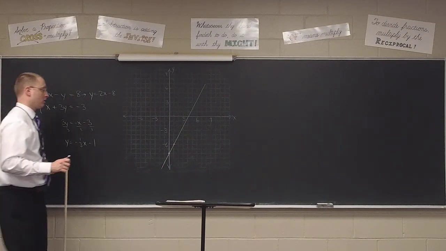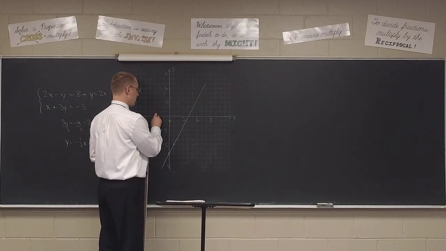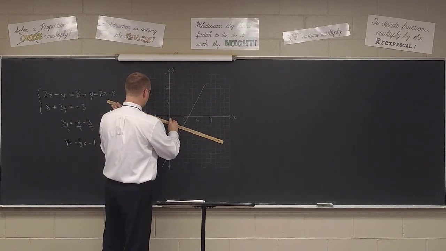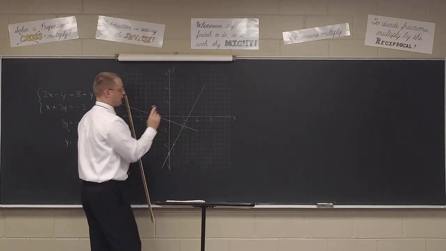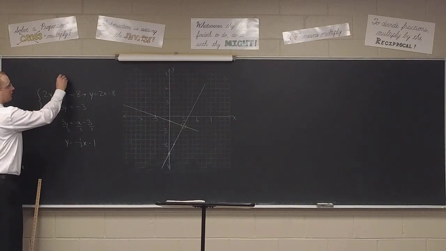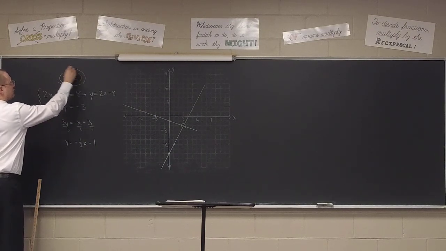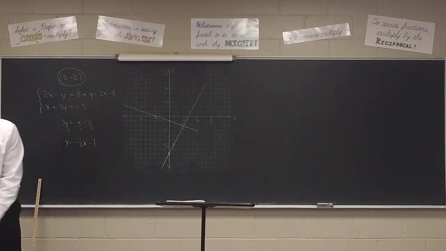Then we're going to rise, run backward. And when we connect these dots here, we get what point of intersection, Brecken? Good. Appears to be 3, negative 2. How many had that answer for the system? Maddie, question.